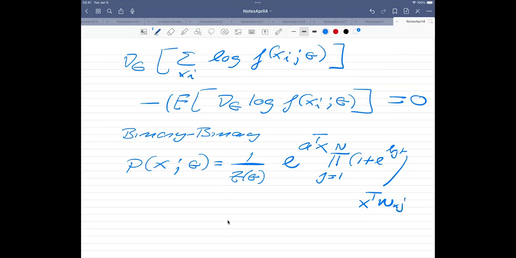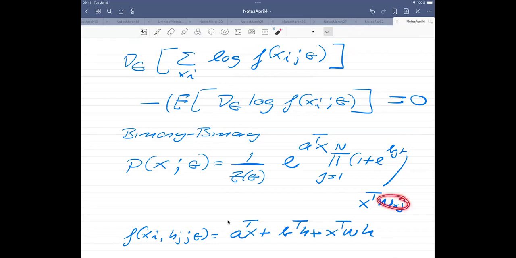I'm just putting this up because if we now look at the original function, this f of x_i, h_j, theta, is given by a transpose times x plus b transpose times h plus x transpose times w times h. So this kind of strange notation which you see here is us taking the derivative with respect to a given component.